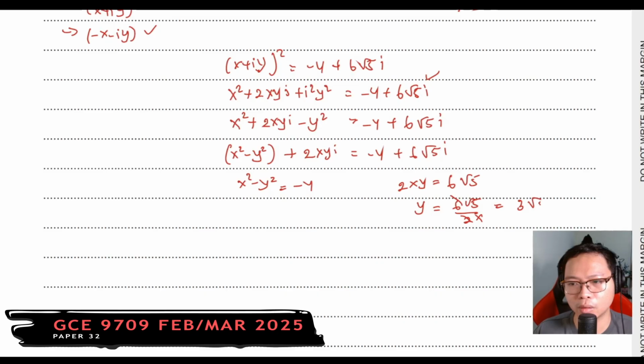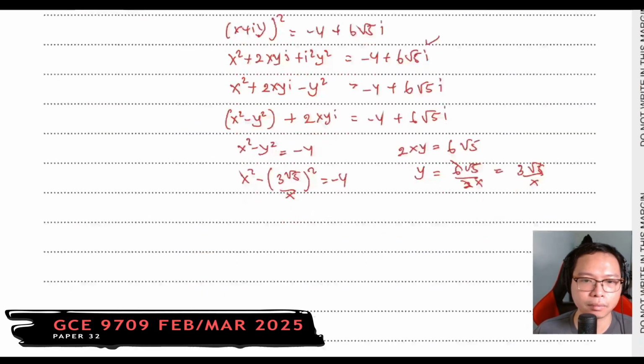So y equals 3 square root of 5 divided by x. I input here x squared minus 3 square root of 5 over x, squared, equals negative 4. The x squared remains, and this will become 45 over x squared equals negative 4.